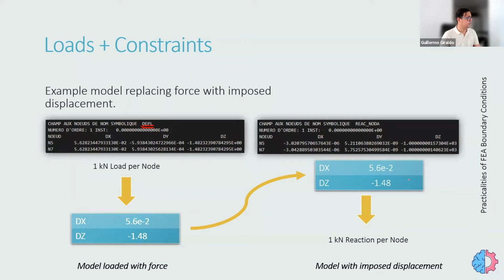And I just ran this second simulation, but in this case I applied this same displacement as the inputs, and measured the reaction forces on the 2 points. You can see here that the nodal reactions are what is delivered in this table in the same 5 and 7 nodes, and you can see that my reaction force is the same in the y direction as the 1K that I applied.